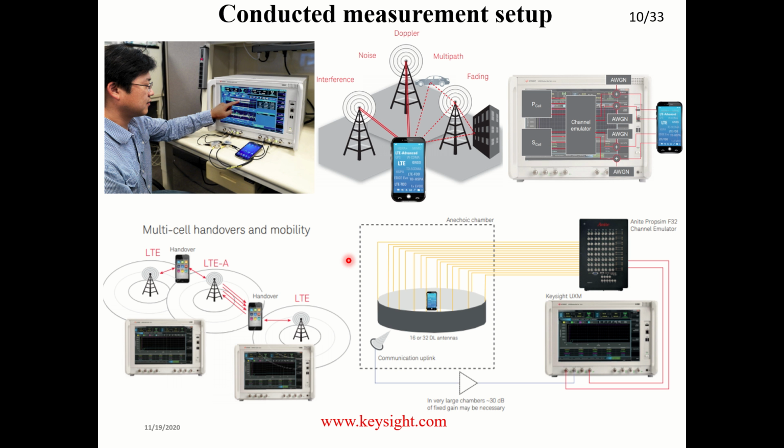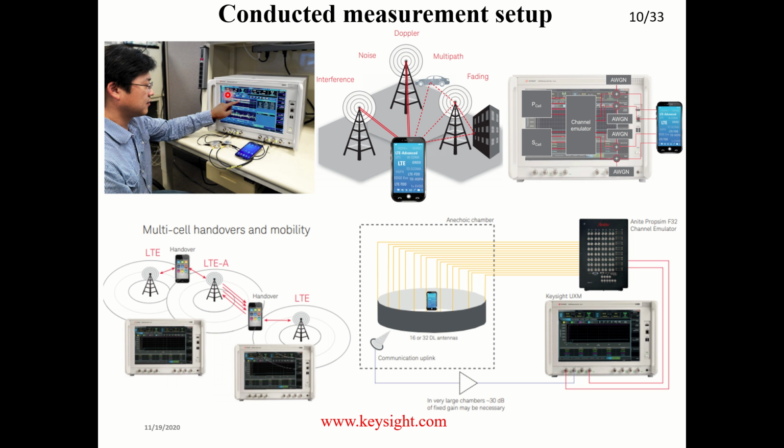What you can see here is a network emulator, and these cables are being connected. Through a splitter you are connecting to the device. This is the device under test, the mobile under test, and you are connecting these many cables through a splitter or combiner to the mobile. Then you are measuring whatever you want.